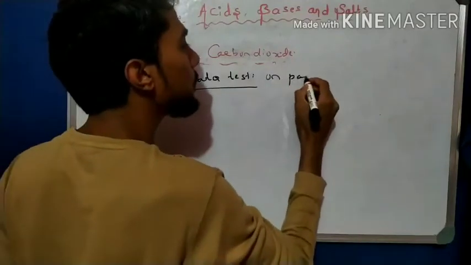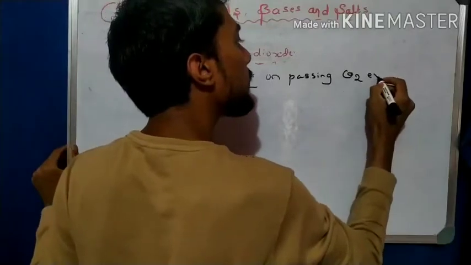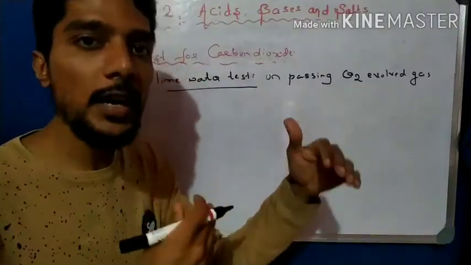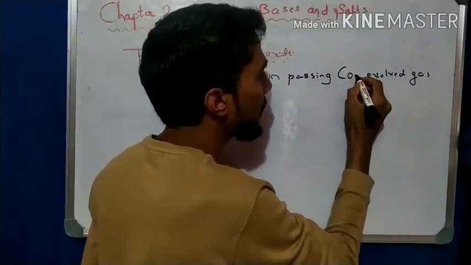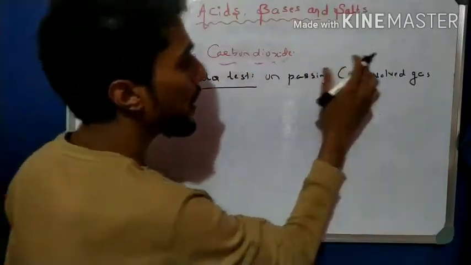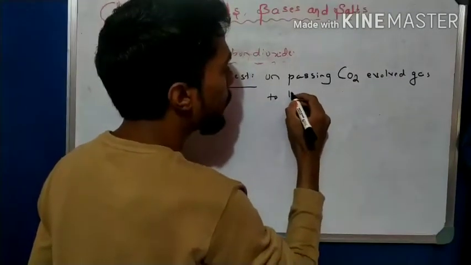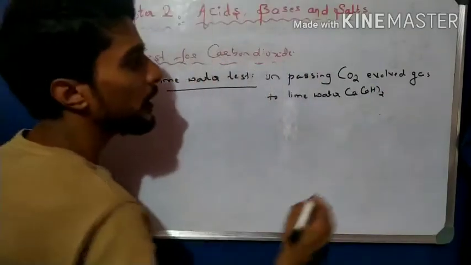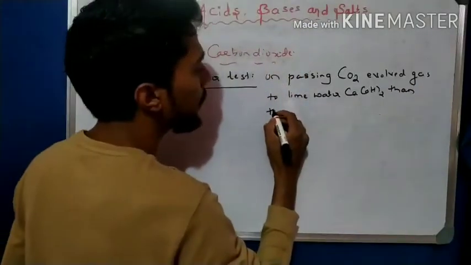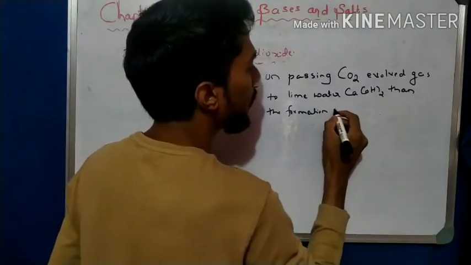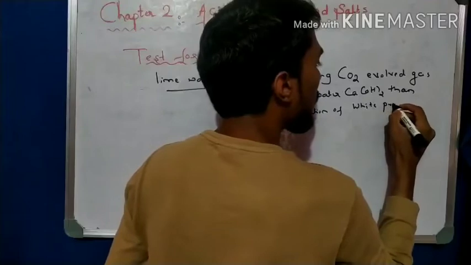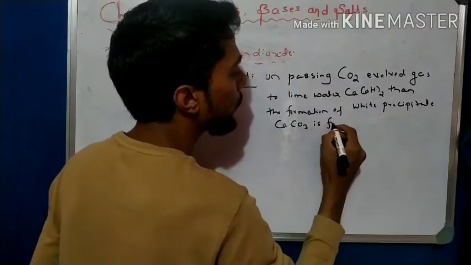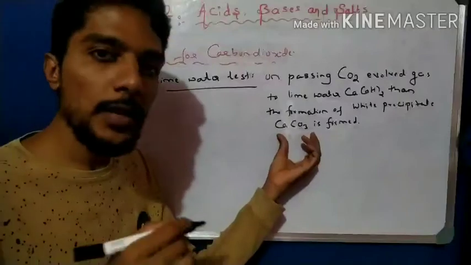On passing the evolved carbon dioxide gas, which is liberated when acids react with metal carbonates and metal hydrogen carbonates, through lime water, that is calcium hydroxide, a white precipitate of calcium carbonate is formed, and that indicates the presence of carbon dioxide gas.